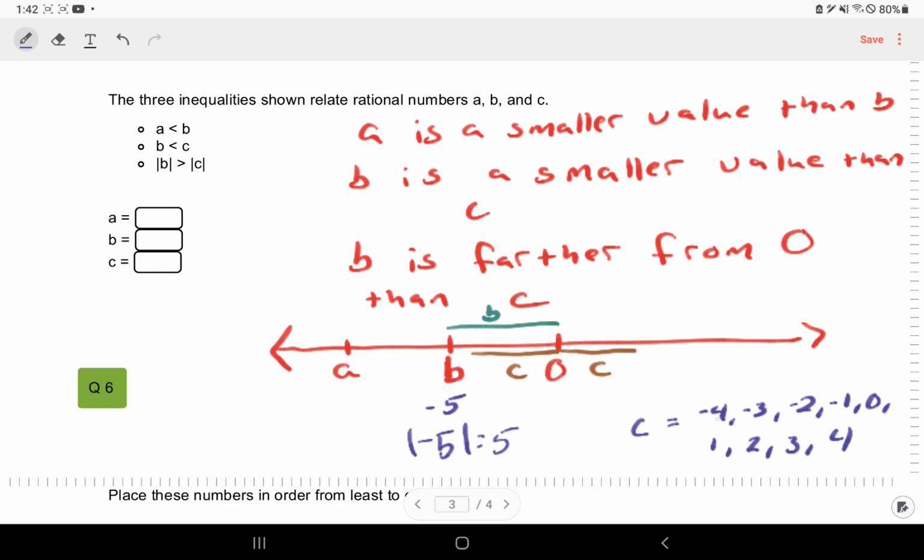Because the absolute value of -4 is 4, -4 is 4 spaces away from 0. -3 is 3 spaces away from 0. -2 is 2 spaces away. -1 is 1 space away. 0 is 0 spaces away, and so forth. And so the distance from 0 for all those numbers is smaller than 5. But also, those numbers are all bigger than -5.